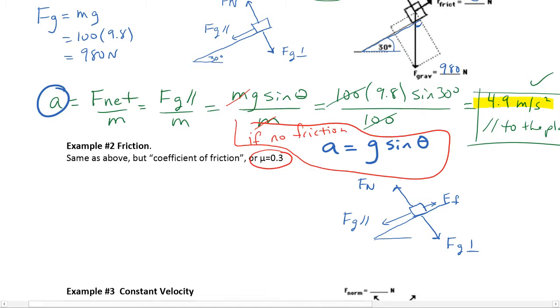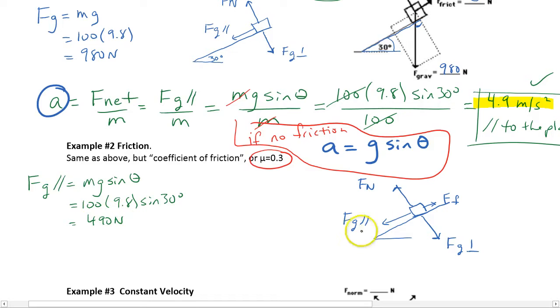Well, let's figure out these numbers. Fg parallel is equal to mg sine of theta, which is 100 multiplied by 9.8 times the sine of 30 degrees, which is equal to 490 newtons.